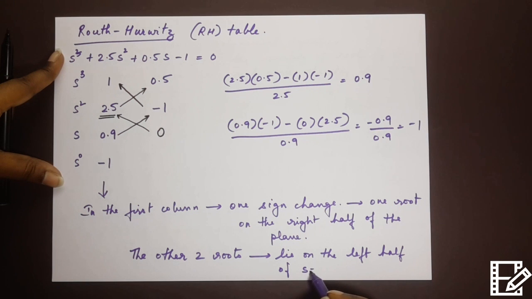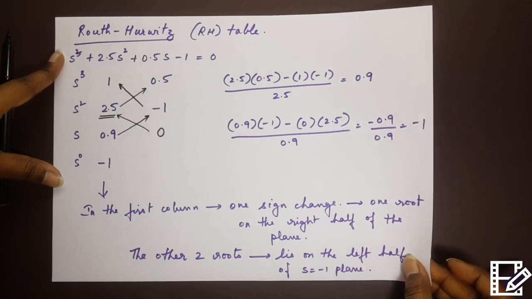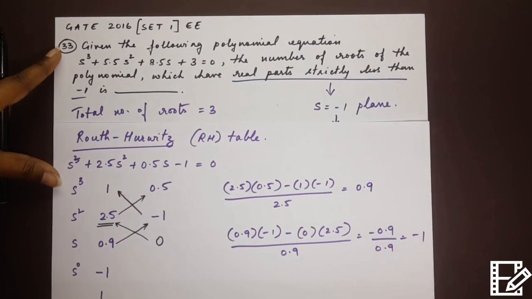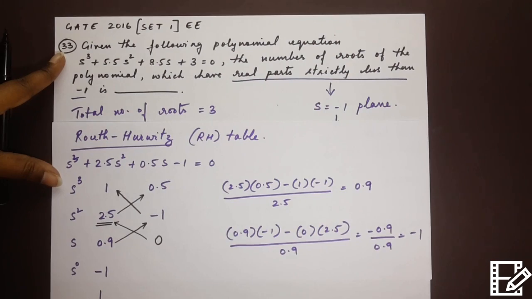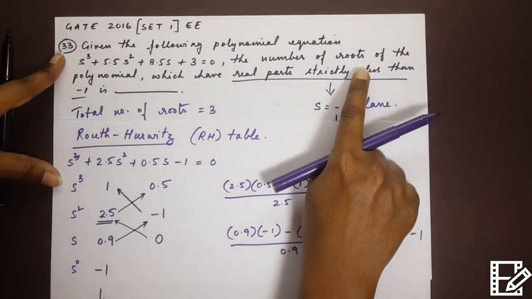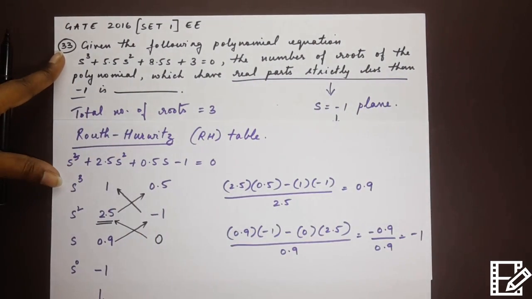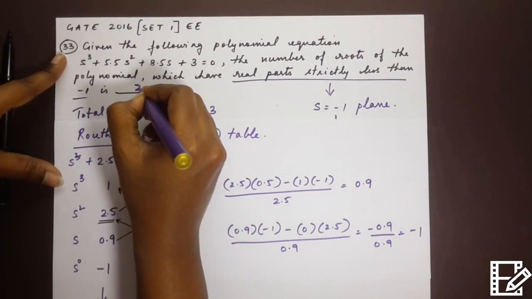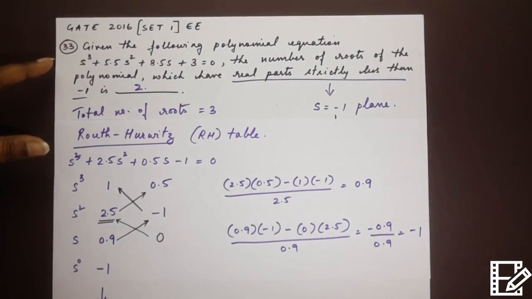Left half of s equal to minus 1 plane. And that is exactly what the question asks of us. It asks us about the number of roots that lie strictly less than minus 1. Left half, which is 2.